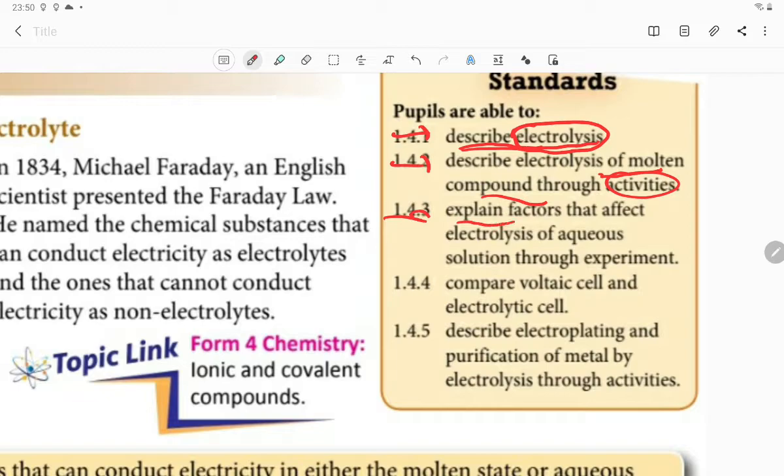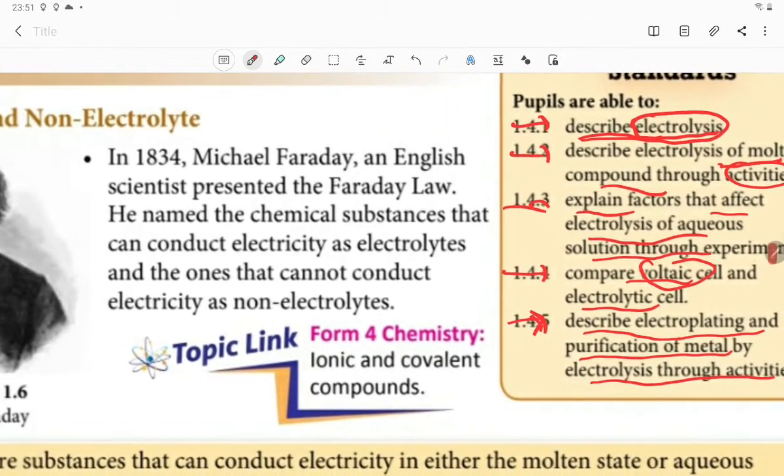Next, explain factors that affect electrolysis of aqueous solution through experiment. Next, compare voltaic cell and electrolytic cell. What is the difference? What are the similarities between these two cells? And then the last ones, describe electroplating and purification of metal by electrolysis through activities, and the application of electrolysis in industry.